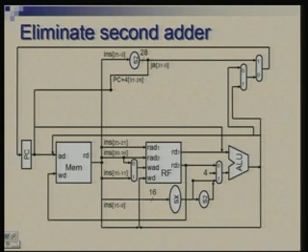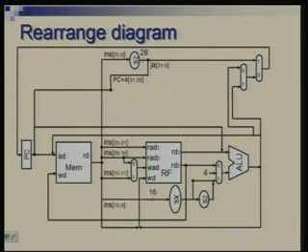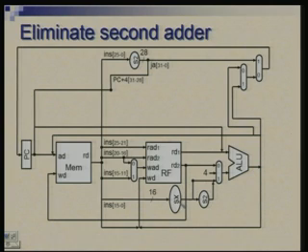Now, one might question why we are still having two inputs to this, they seem to be coming from the same point, but actually it may be a little difficult for you to see.